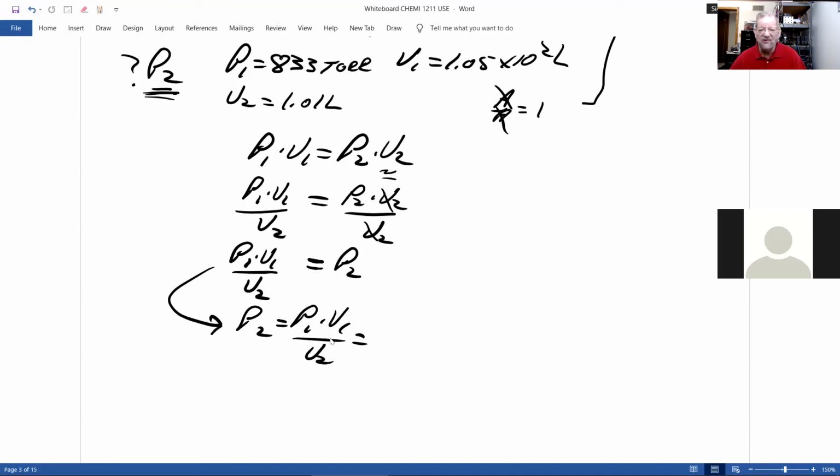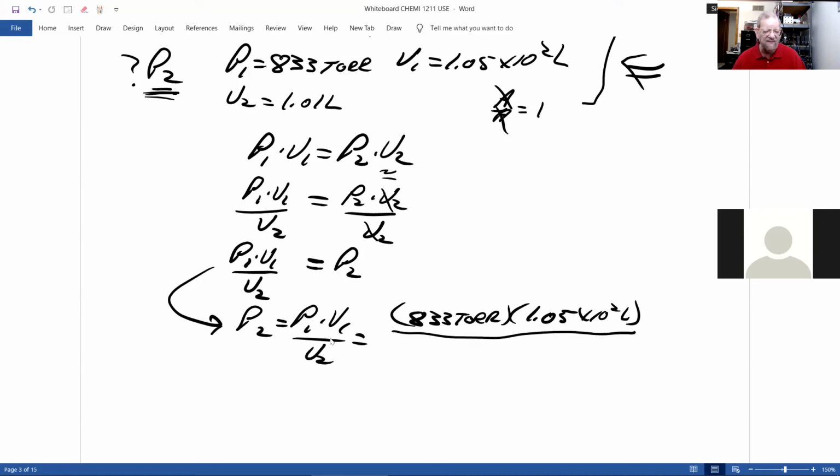And now, since I took the time up here to figure out P1 is 833 torr. And V1, I'm sorry, is 1.05 times 10 squared liters. And it's important to put the units in when you're doing this. And finally, V2 up here, we took the time, is 1.01 liters.